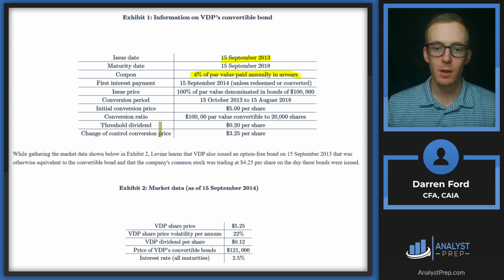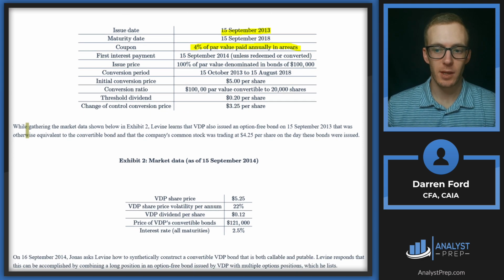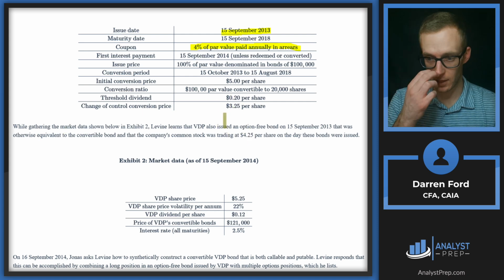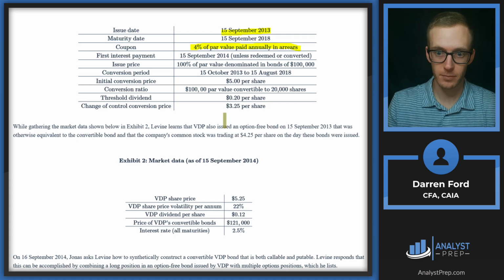Okay, and then let's scroll down here because what we're going to need for conversion value is not included in here. We're going to need the market price, and then we will use the conversion ratio. We haven't gotten to the market price yet, so let's keep reading.